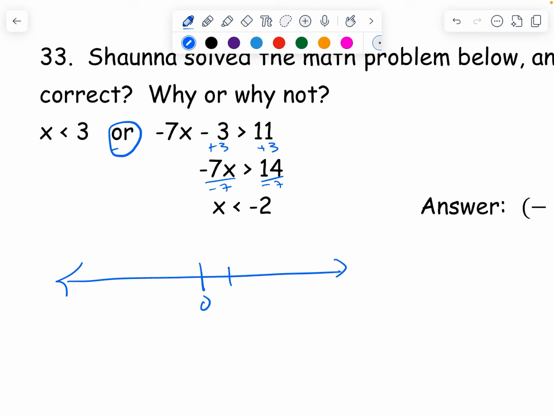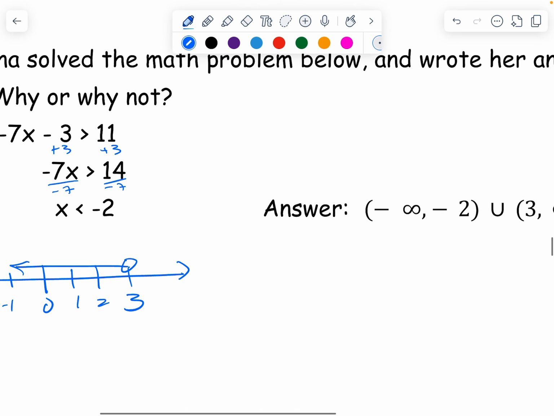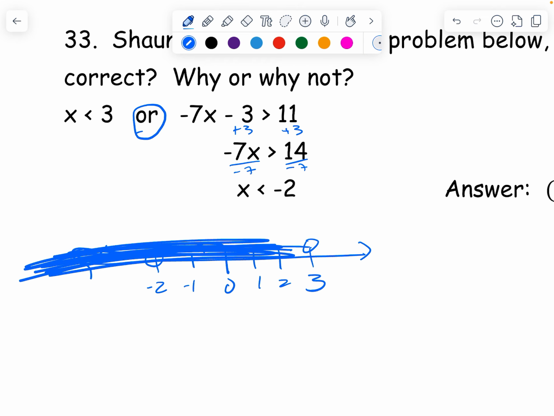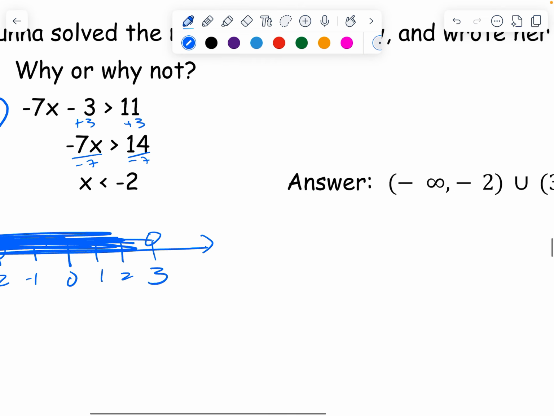So I'm at 0, 1, 2, 3. I'm going this way, open dotting it here. Then I'm at -2, and I'm going here. Since it's an OR statement, it's all of this. So actually, it should be -infinity to 3.